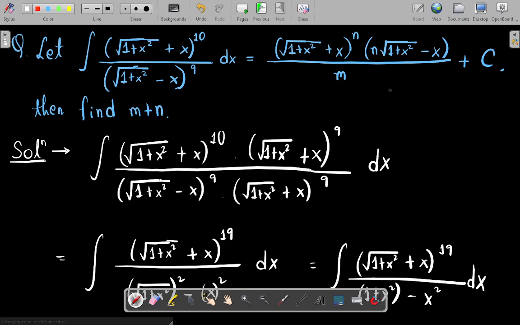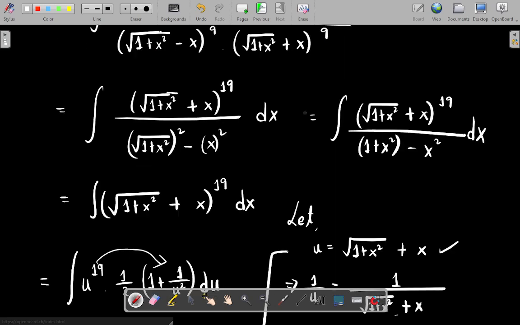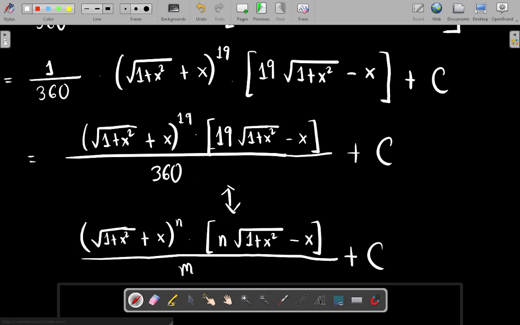I believe this is the RHS, right? M is only in the denominator. Okay, so we have solved this integral and we have got this format.